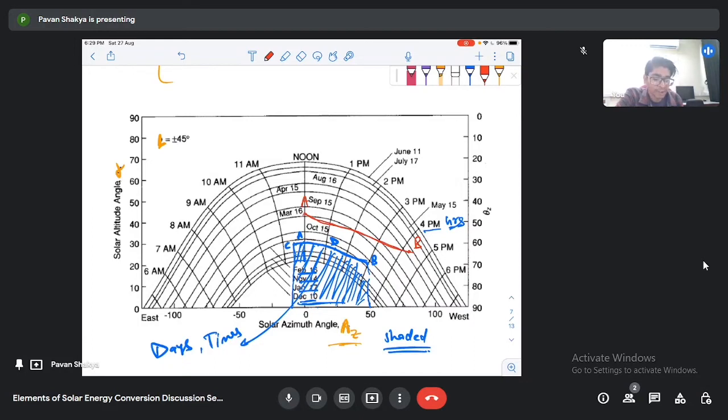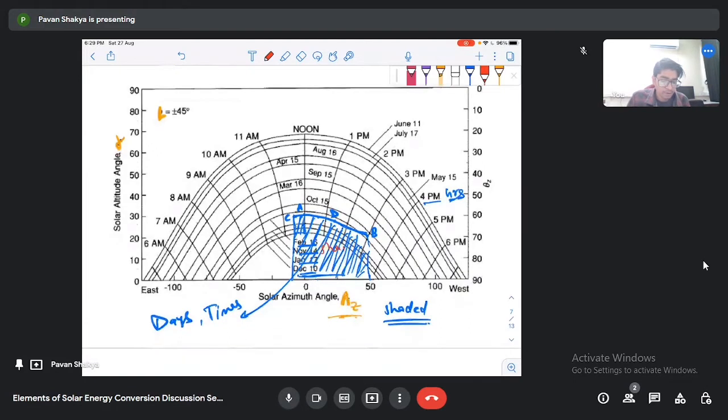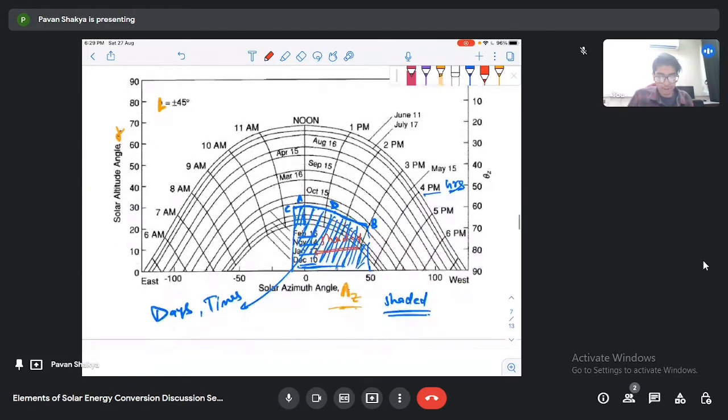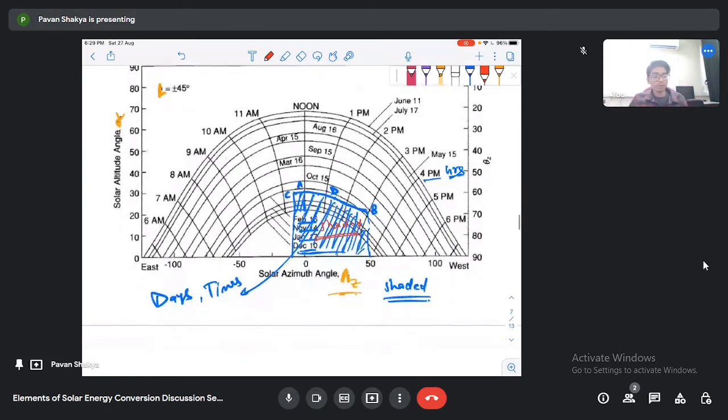To know how it's varying, to see the curvature, we have taken more points. So that was the purpose of taking one more point. So this is the area that will be shaded. Now let's move to the next problem.